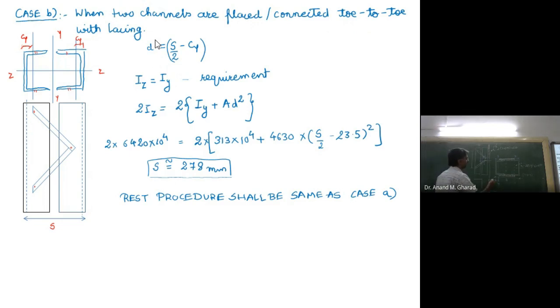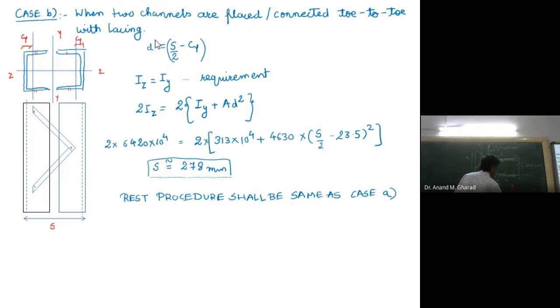See what we will be doing. We will be using the parallel axis theorem, and we will be identifying this perpendicular distance, right? So in order to calculate this D, what will be the value?